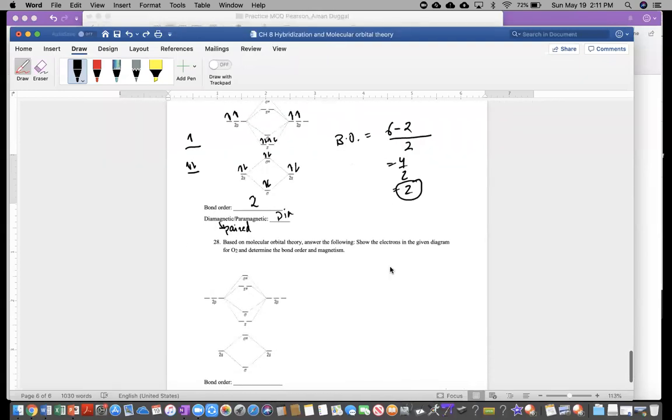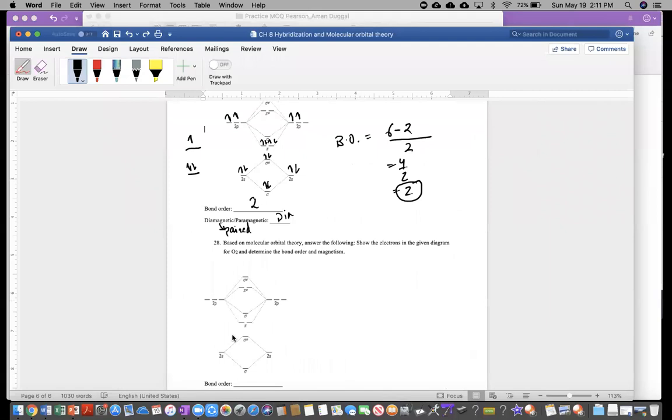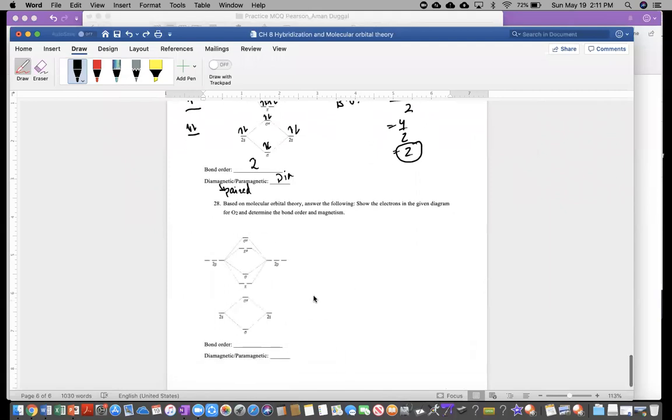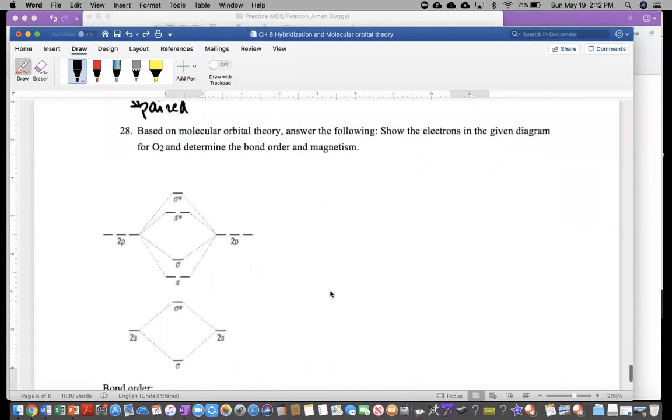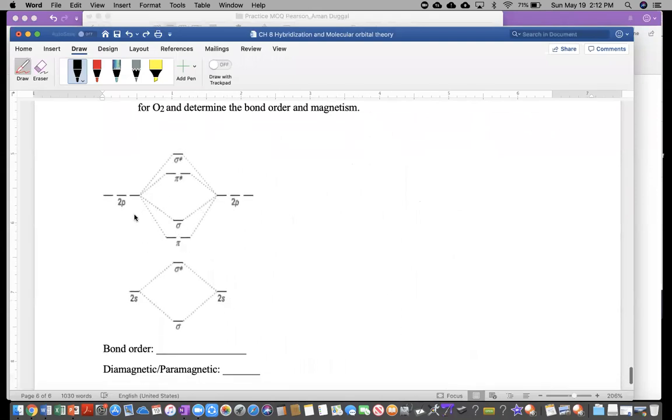One more thing before I forget. This is actually a typo. This structure should not be this. The next question. I mentioned this in the class, but for some reason I forgot to change it here. This looks like pi sigma pi sigma.